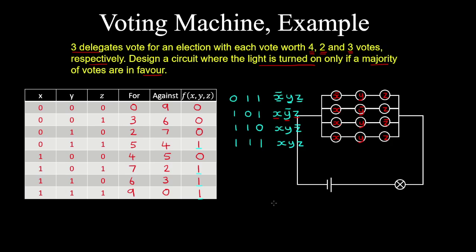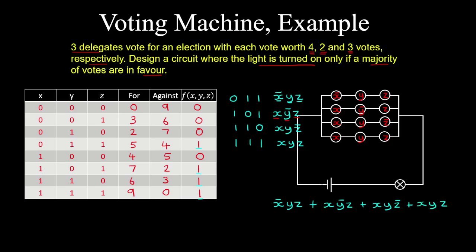So therefore our Boolean expression is the complement of x and y and z, or x and the complement of y and z, or x and y and the complement of z, or x and y and z.